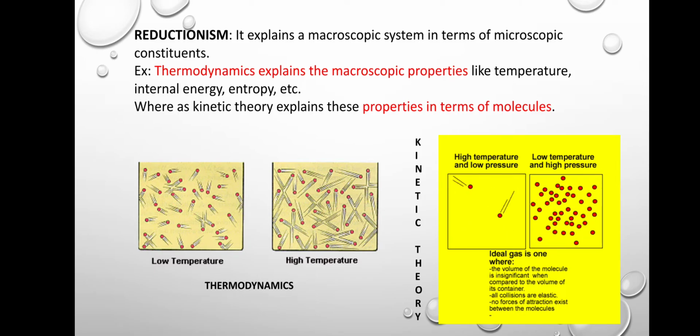Understood? One explains the macroscopic properties, thermodynamics, and kinetic theory explains the same thing in terms of molecules. So that is called reductionism. Same concept we apply, and it is used for similar and very simple theories.